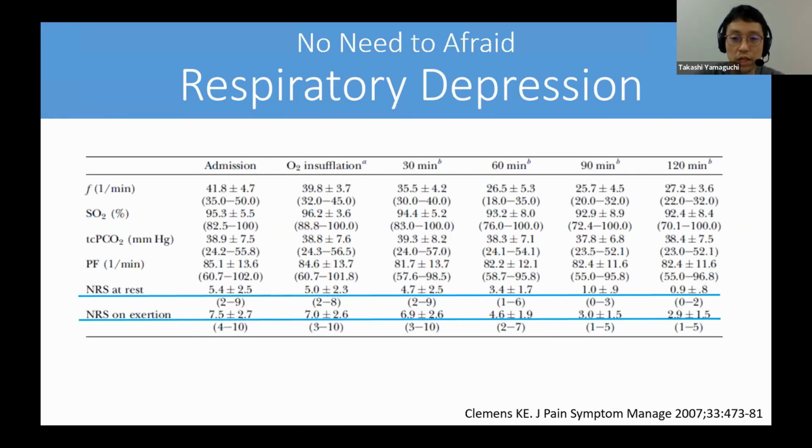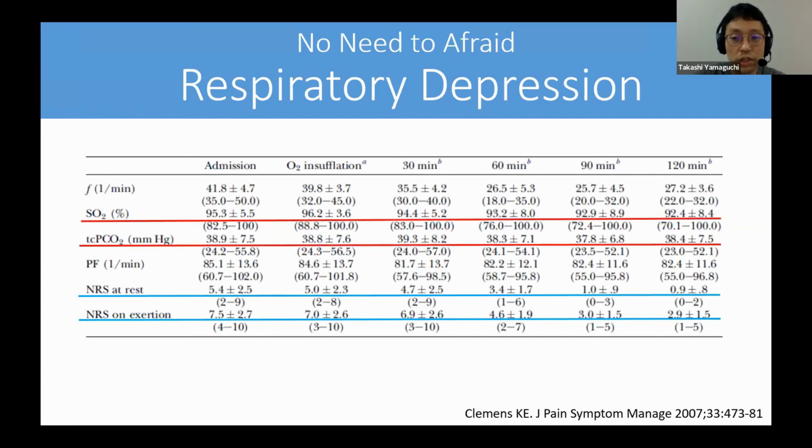But we didn't see any significant decrease of the SO2 value, or increase of the transcutaneous PCO2 value. So this means that opioids could bring dyspnea relief without causing clinically significant respiratory depression.